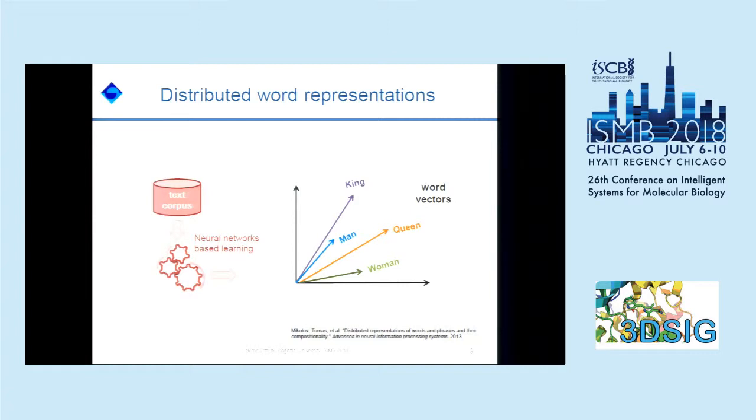What Word2Vec does is, it is a neural network-based learning, and it is trained on a very large text corpus. And in the end, it outputs a vector representation, a high-dimensional and real-valued vector representation for the words in this corpus. If we are working on English words, this corpus might be the whole Wikipedia articles.